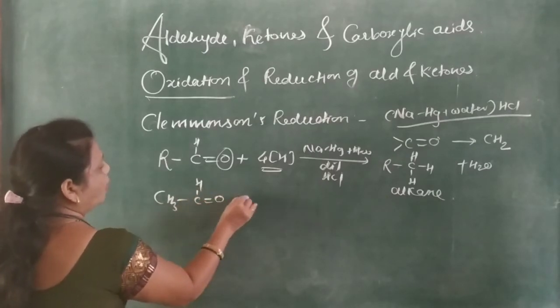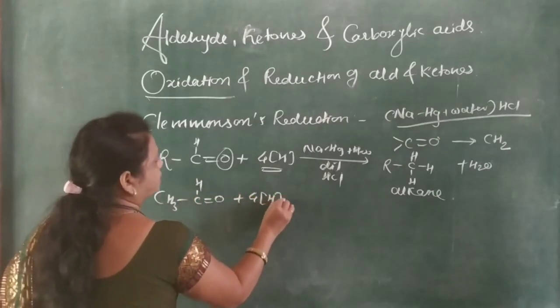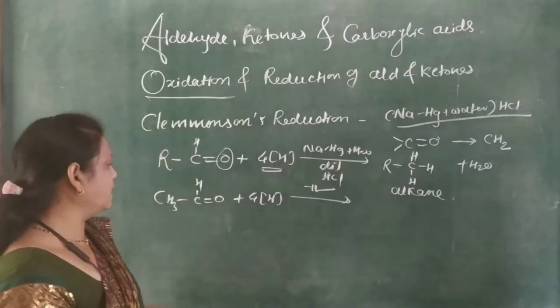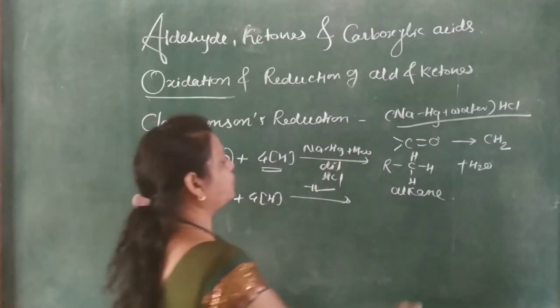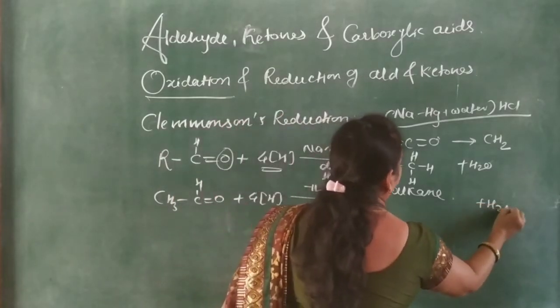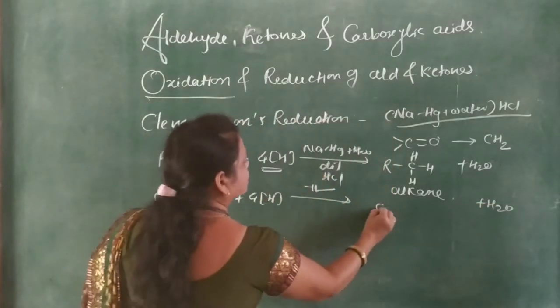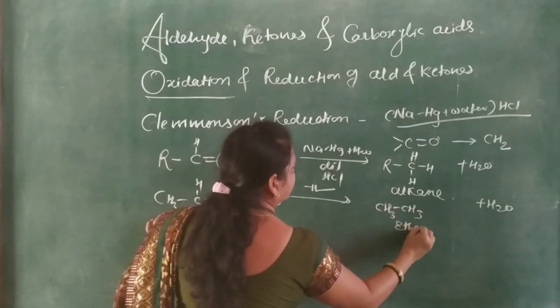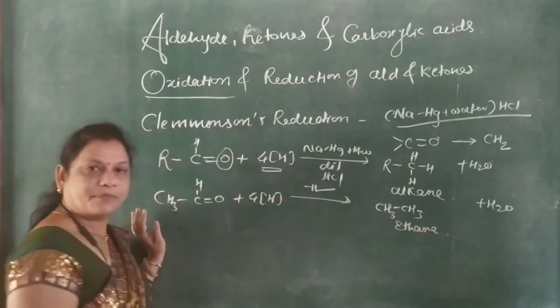CH3CH double bond O plus 4H in presence of sodium amalgam and water with dilute HCl. Then the O combines with 2H to form H2O, and the remaining CH3 single bond CH3, that is ethane. Okay.